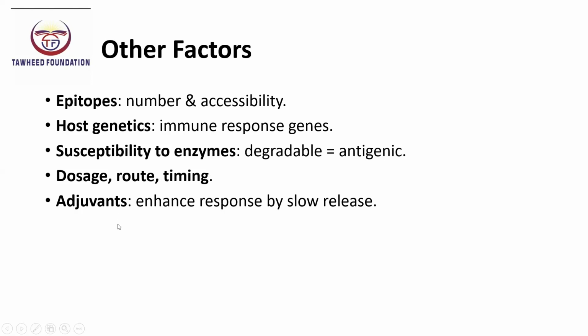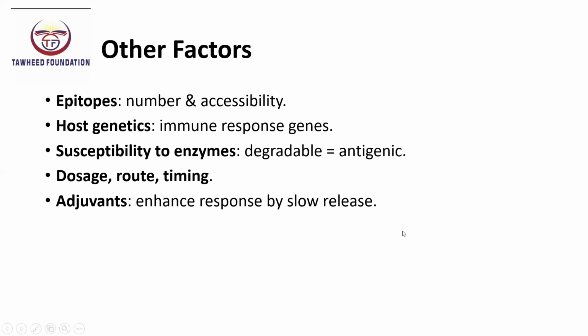Next is use of adjuvants. Immunogenicity can be artificially enhanced by mixing the antigen with an adjuvant. Adjuvants work by maintaining the antigen in the body for a longer period, ensuring slow and continuous stimulation of immune cells. They also enhance the recruitment of immune cells to the site of injection.